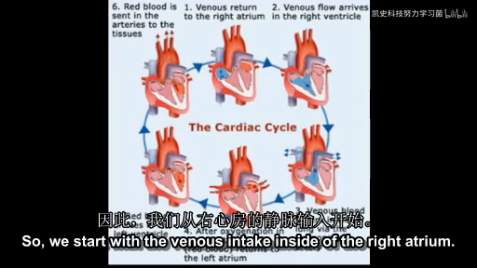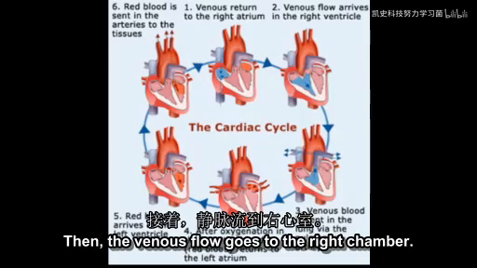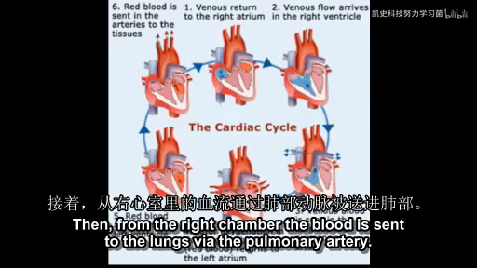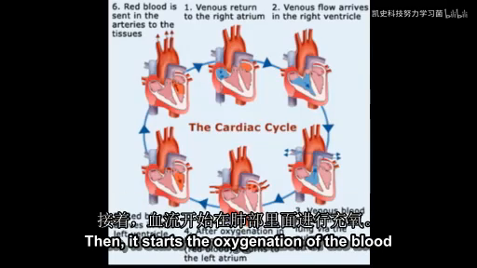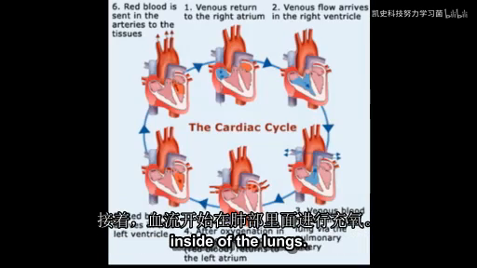We start with venous intake inside of the right atrium, then the venous flow goes to the right chamber, then from the right chamber blood is sent through the lungs via the pulmonary artery, and oxygenation of the blood starts inside of the lungs.